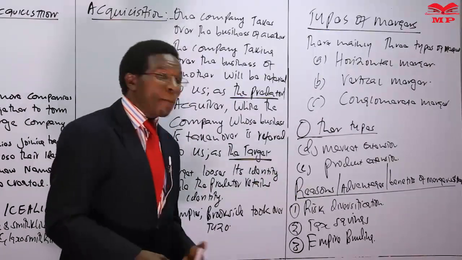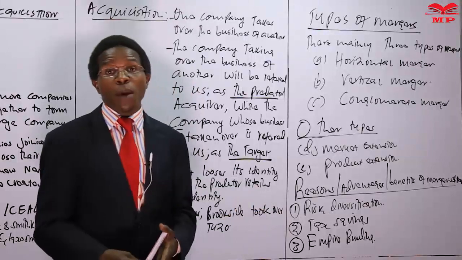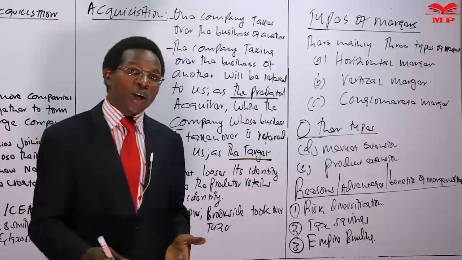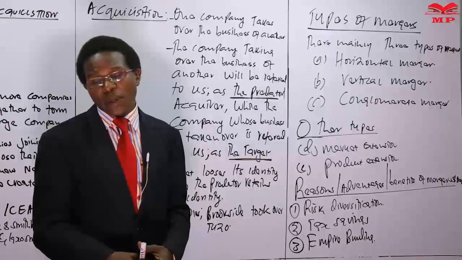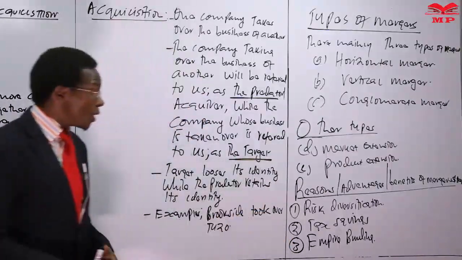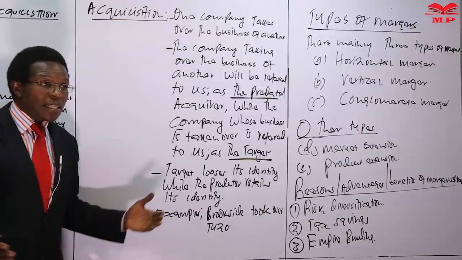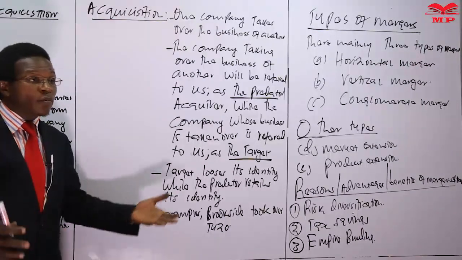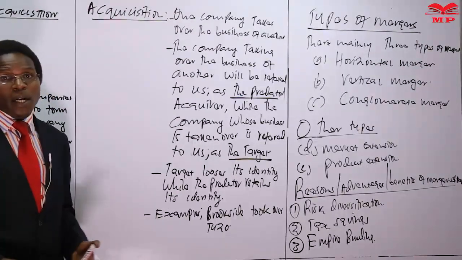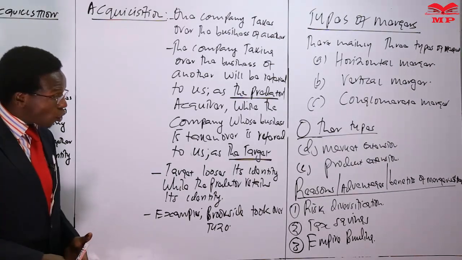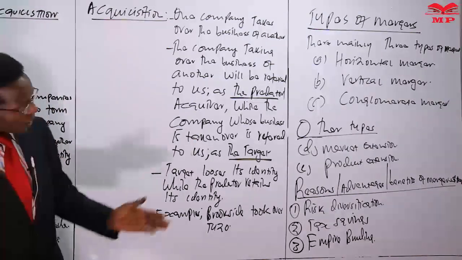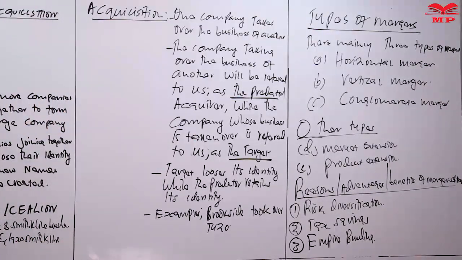And some managers or CEOs will always prefer being CEOs of bigger companies, unlike being a CEO of a small company. So when you are empire building, it means that you can easily be identified as one of the economic decision makers in a given economy. So that's very important. That's the empire building advantage.